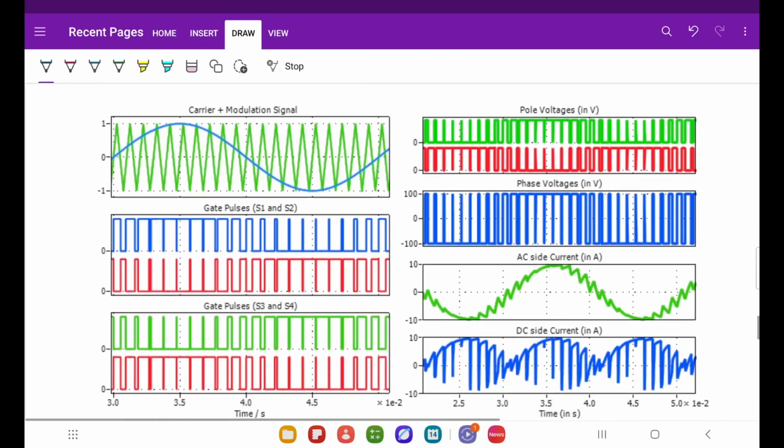So now when I compare them here, you can see this is my gate pulse S1, S2, and there are my gate pulses S3, and this is S4. And this is my triangle, and this is my modulation signal.